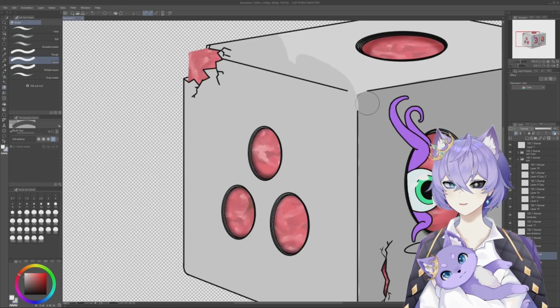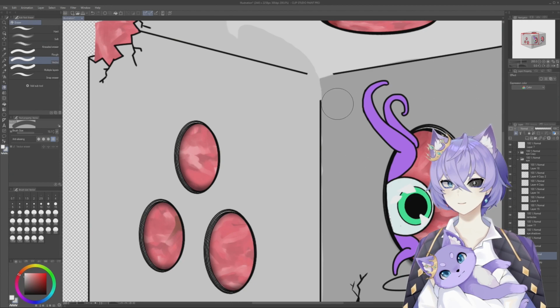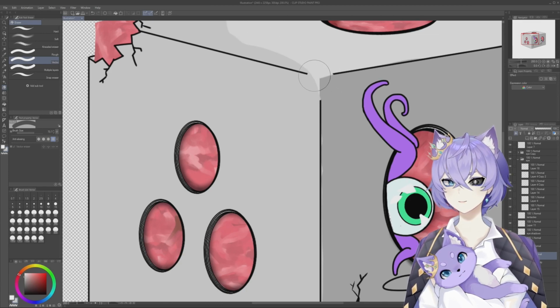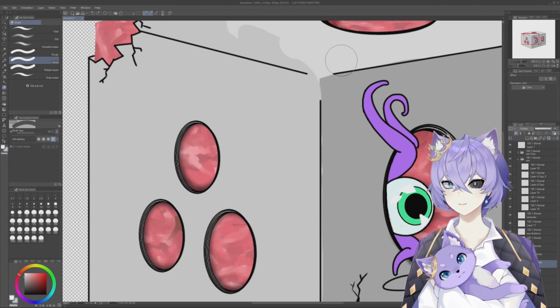Take the eraser. Once again, going to also do that same curve, which I just realized I'm missing on this one. There you go.